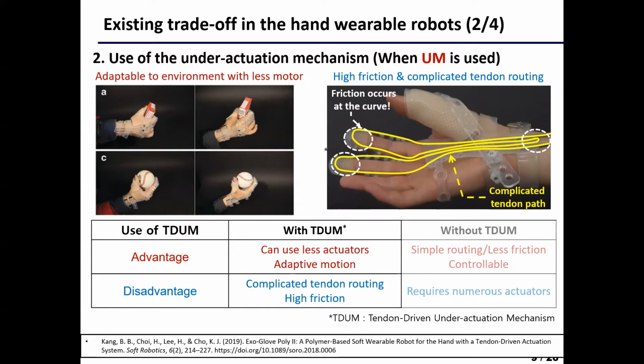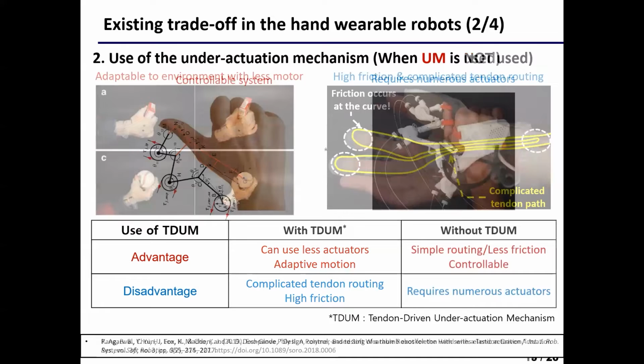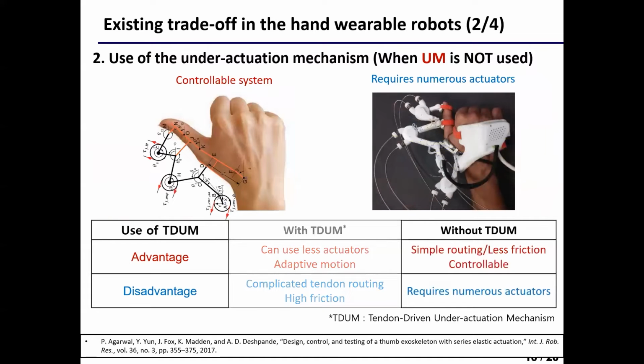In addition, because not all joints can be individually controlled, it is not always possible to perform the desired tasks. On the other hand, when we do not use this mechanism, we must use numerous actuators, so the system can be complicated. However, then we can contour each joint more accurately. Also, the tendon routing becomes simpler so that it is easier to fabricate the robot.